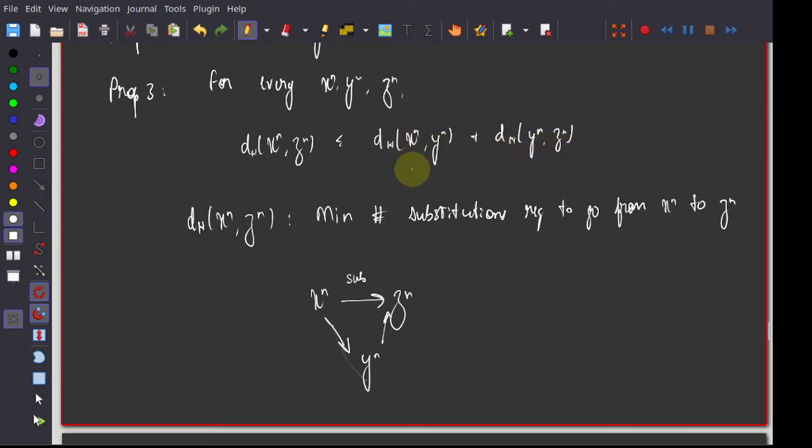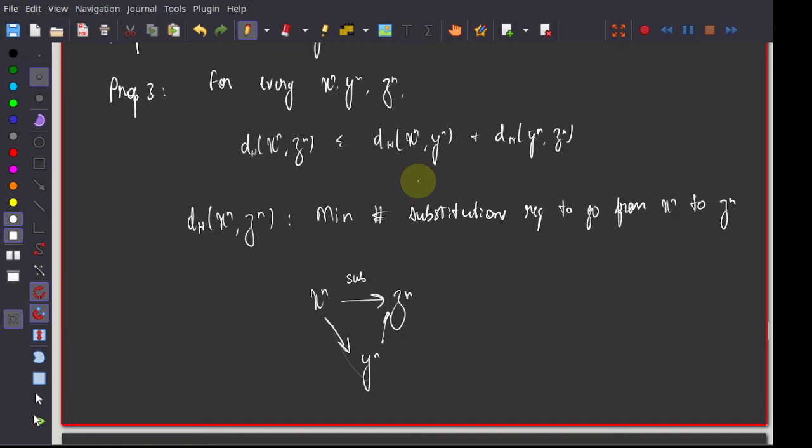Exactly, that's precisely the right hand side. The direct route gives you the quantity on the left hand side. So obviously this should be less than or equal to dH(xn, yn) plus dH(yn, zn). Therefore the Hamming distance satisfies the triangle inequality.